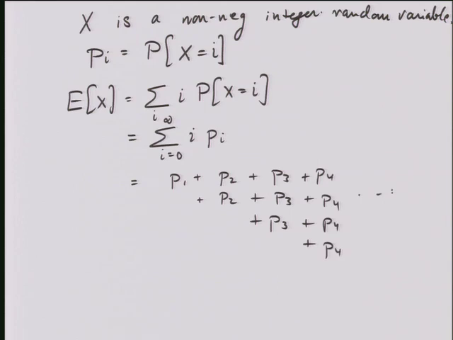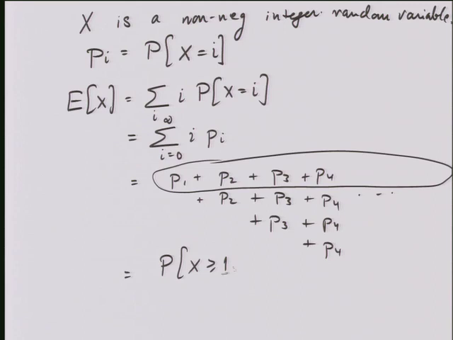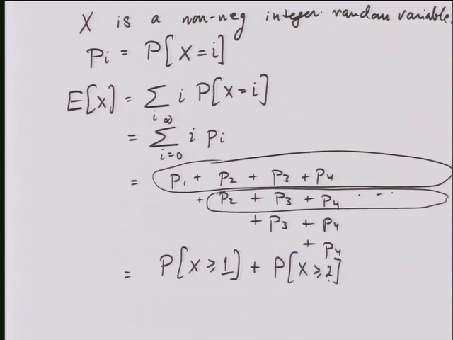Now if you look at this, it is equal to the probability x is greater than or equal to 1, plus the probability x is greater than or equal to 2, plus the probability x is greater than or equal to 3, plus dot, dot, dot.